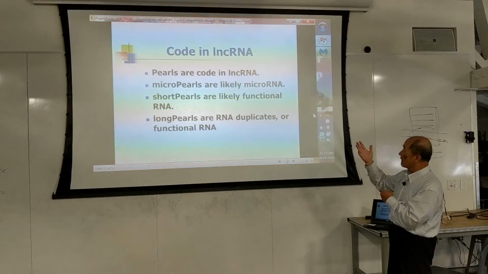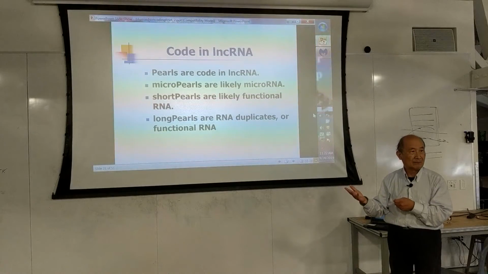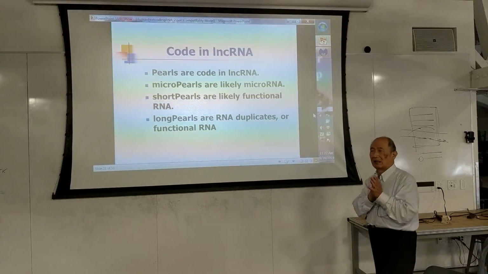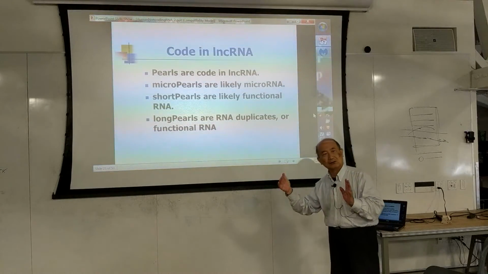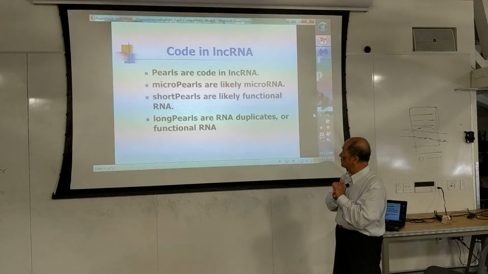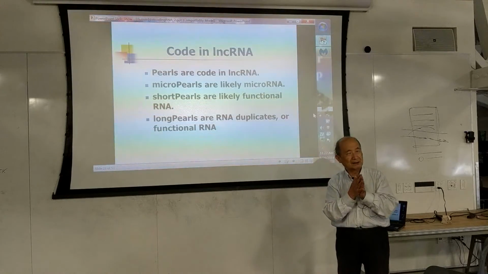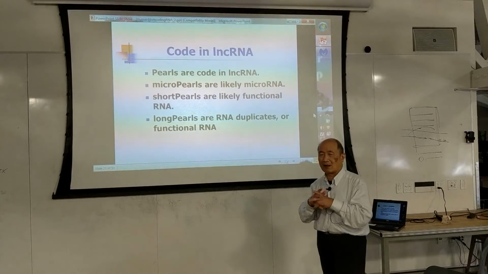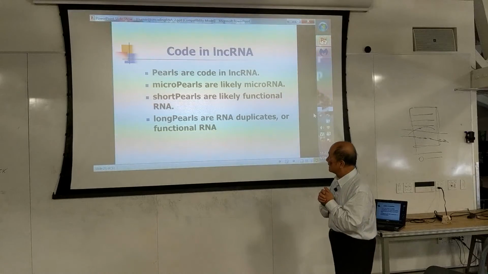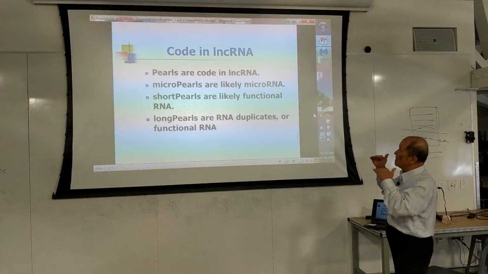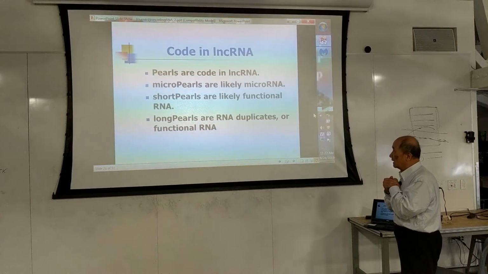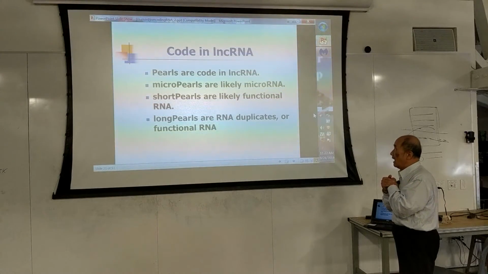I think I found lots of them. Their length is between 20 to 50. But micropairs, so far the microbiologists found lots of them with length 18 to 22. So I think I have the information in micropairs, and these micropairs may be causing the microRNAs.